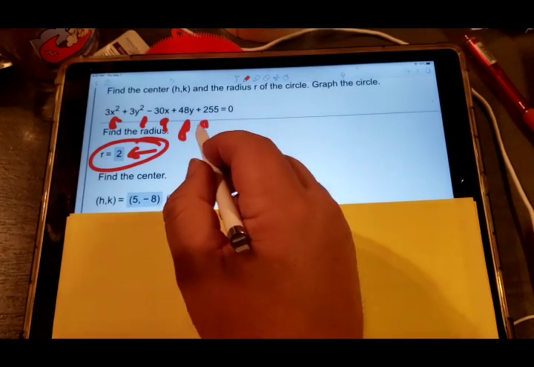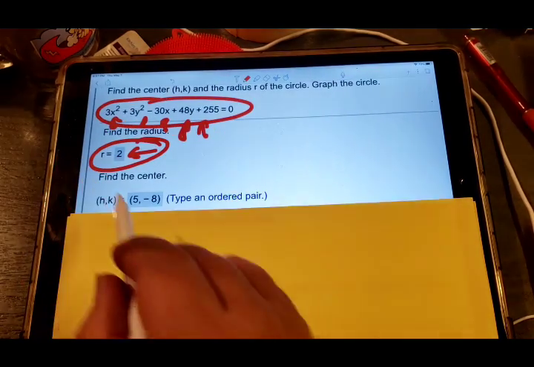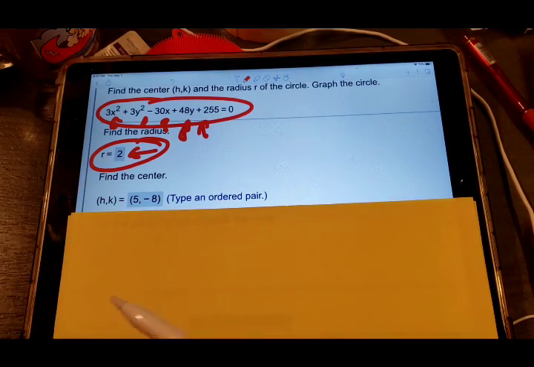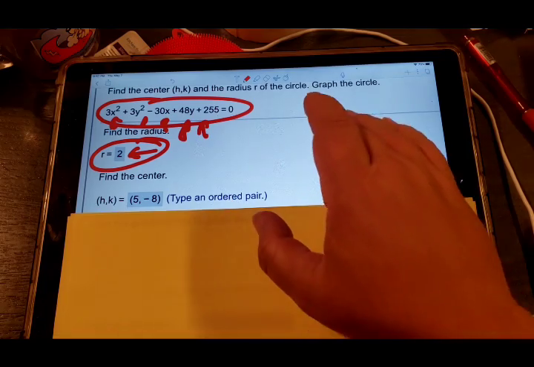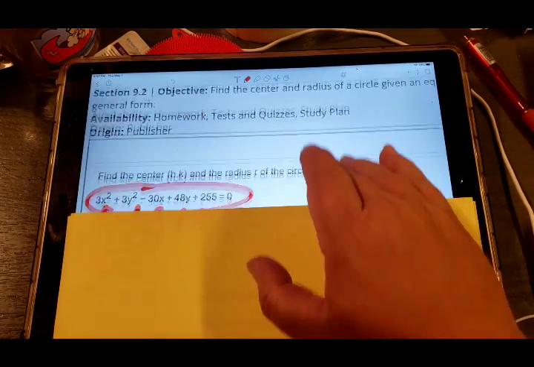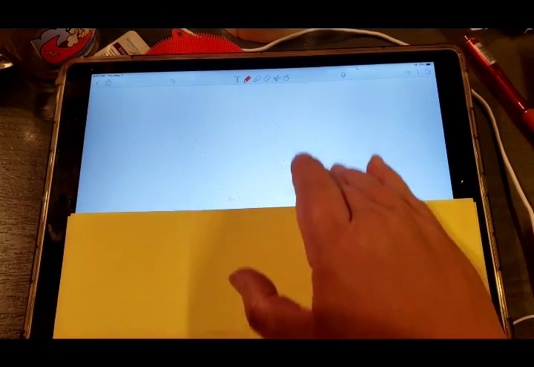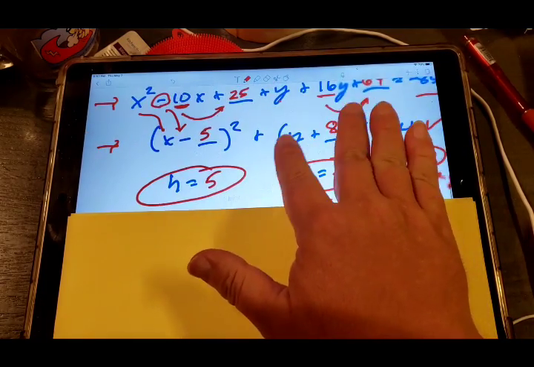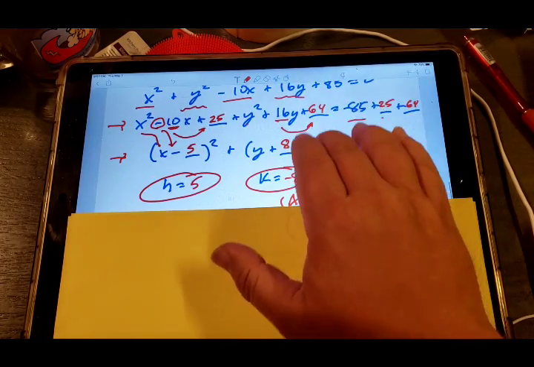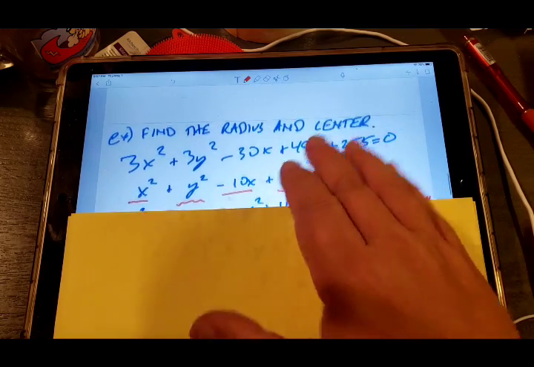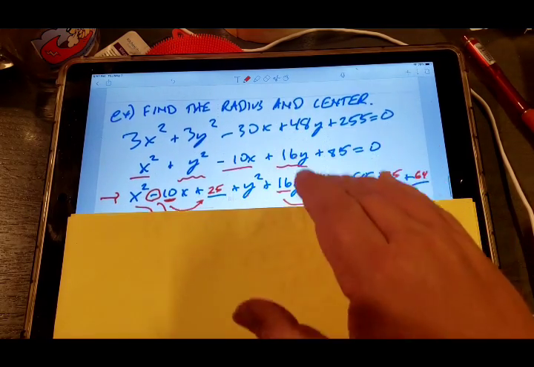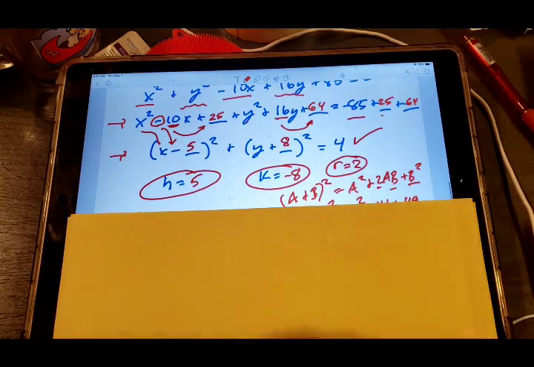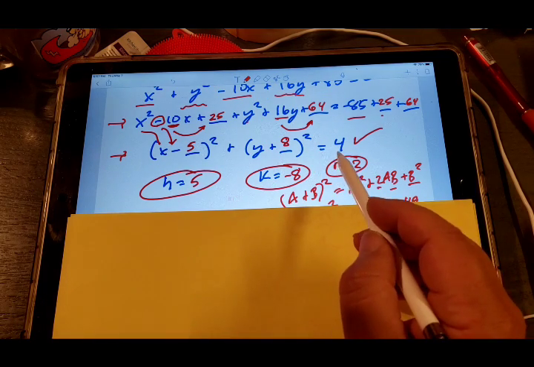And they're looking in the wrong place. Well, my question for you would be, what did you get for R squared? All right, don't just focus on the final answer. Focus on the process.